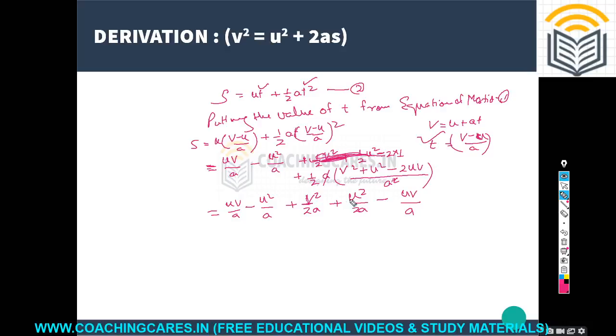So we'll get this equation after this solution. So this uv by a, this term will get cancelled, and further we can resolve this.